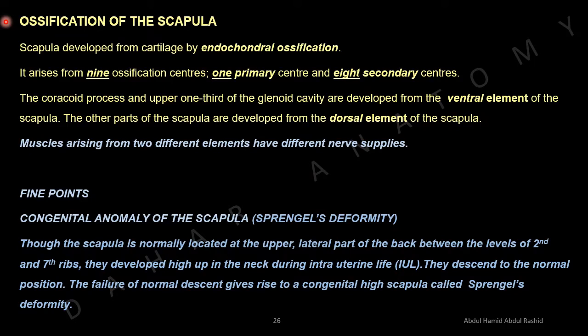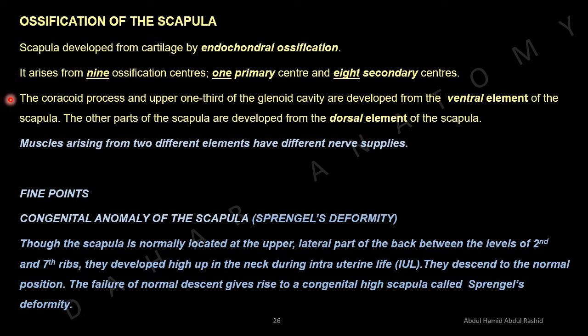Ossification of the scapula. The scapula develops from cartilage by endochondral ossification. It arises from 9 ossification centers, 1 primary and 8 secondary centers.